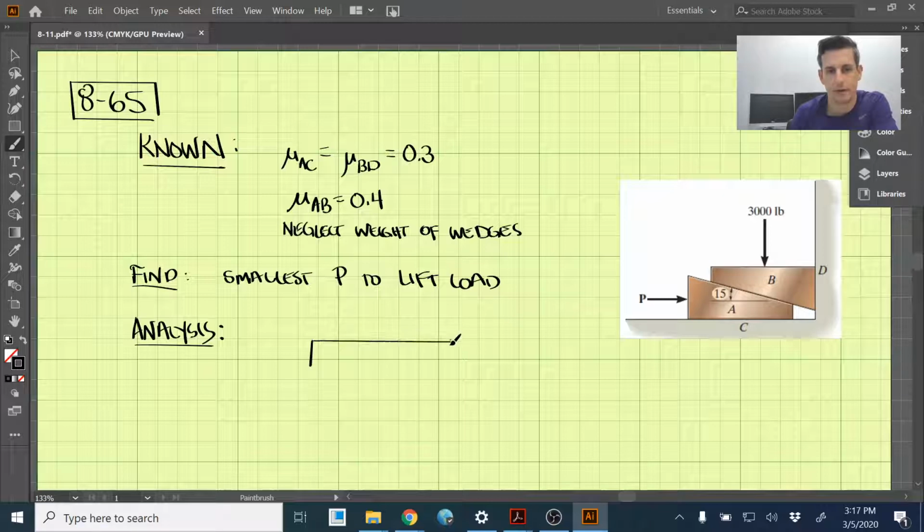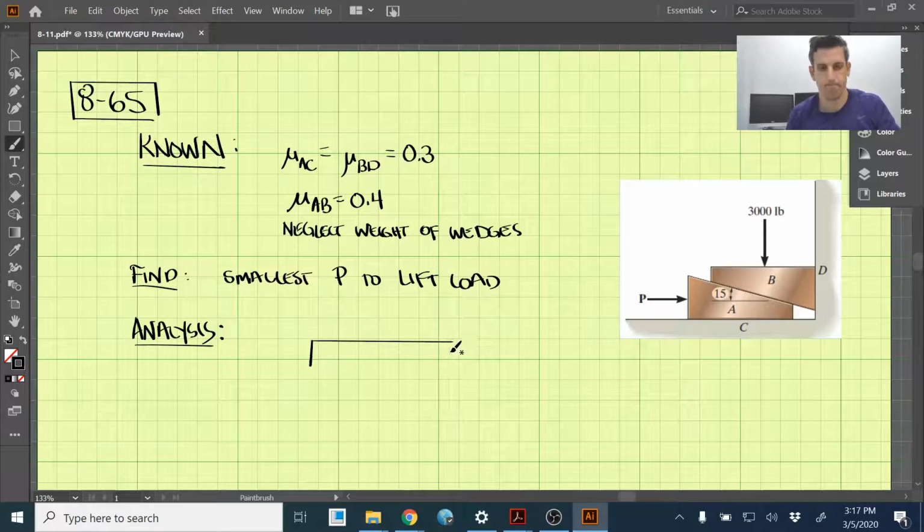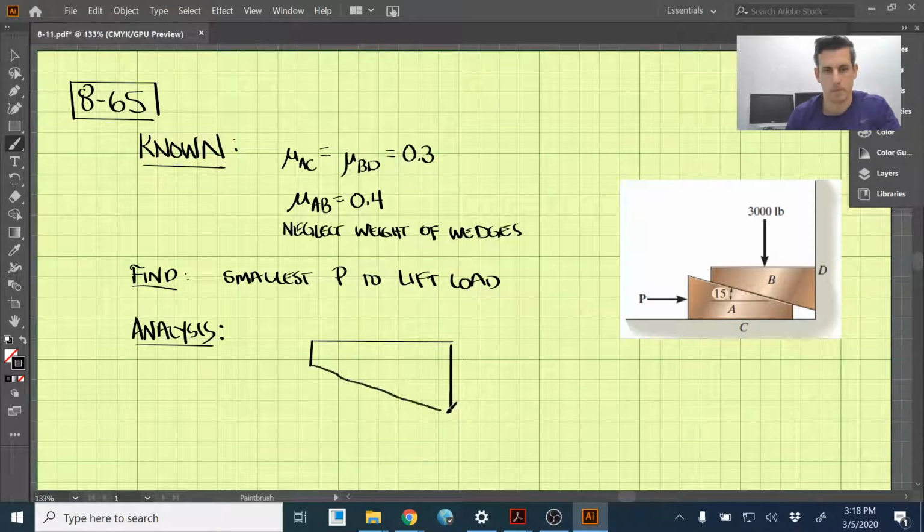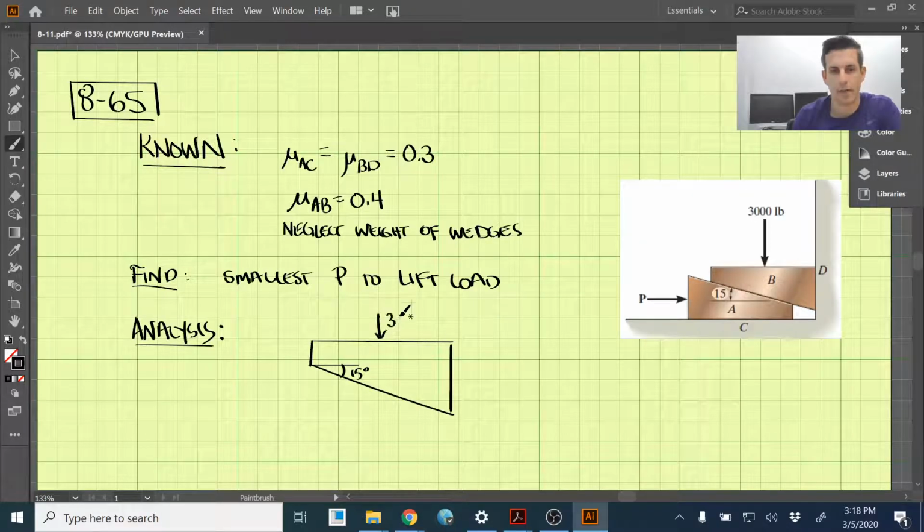So I'm just going to draw this top wedge. Okay, and we know that it's 15 degrees between those two, which then makes this angle 15 degrees. And we know that up on top there's 3,000 pounds.